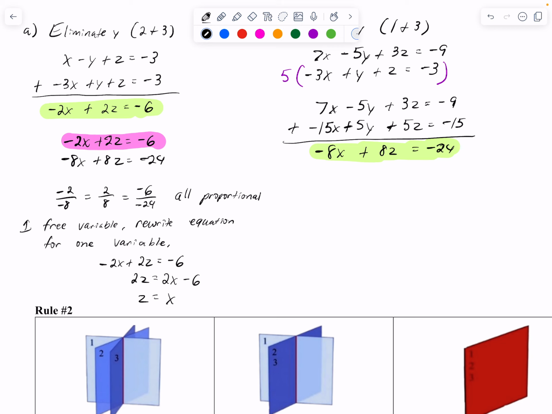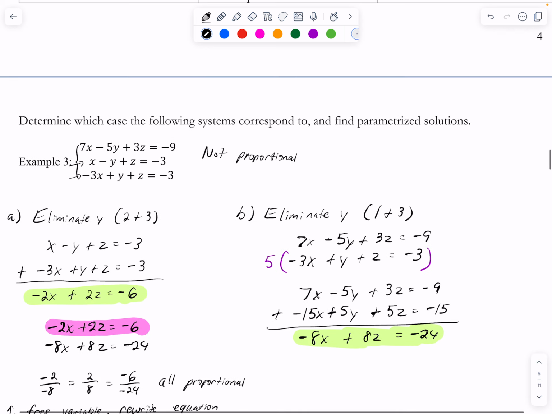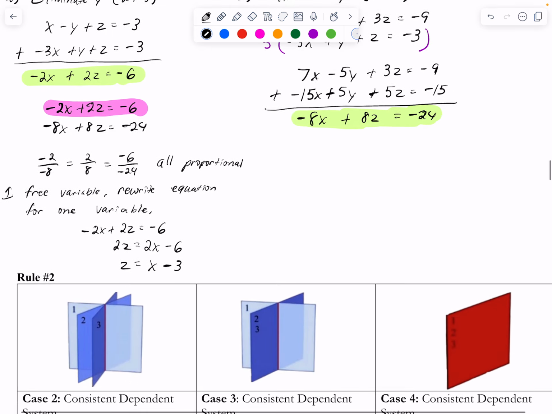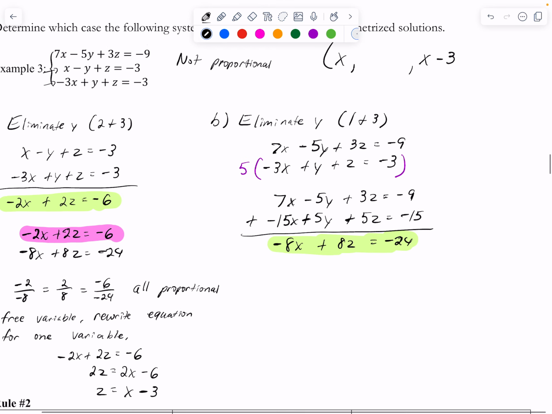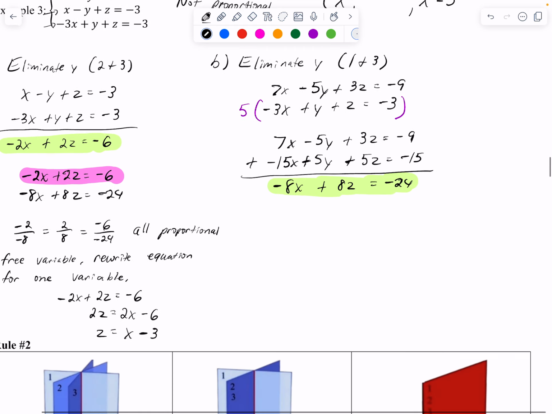That's going to be x minus 3, okay? So we are writing z in terms of our x, right? So our solution, which we'll write up here in a moment, is going to have x. We're going to solve for y in a moment. And then we just found z in terms of x is x minus 3. Okay? So it's weird because you're not going to have any numbers for your solution. It's not just those numbers. There's going to be variables involved.